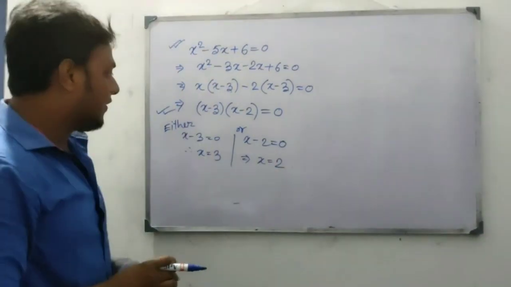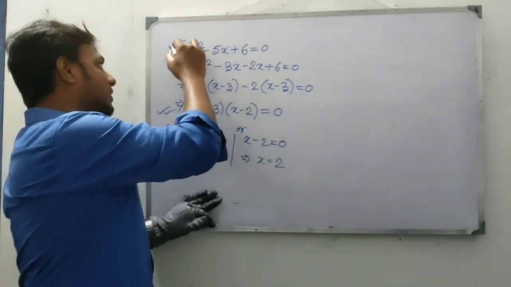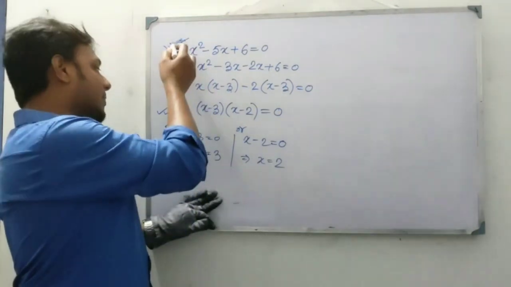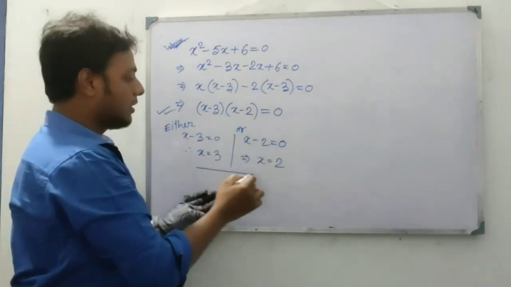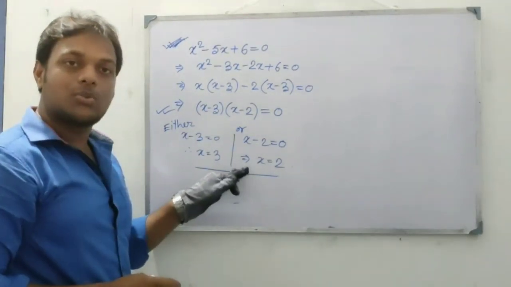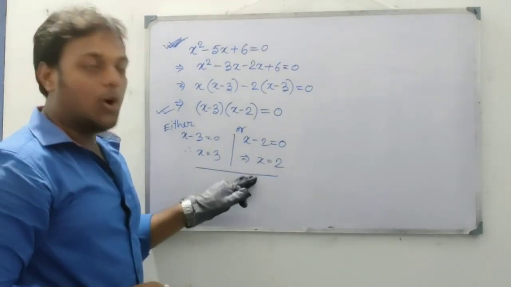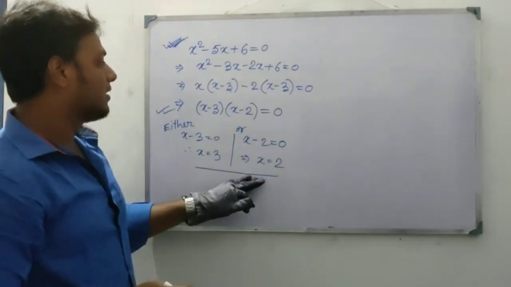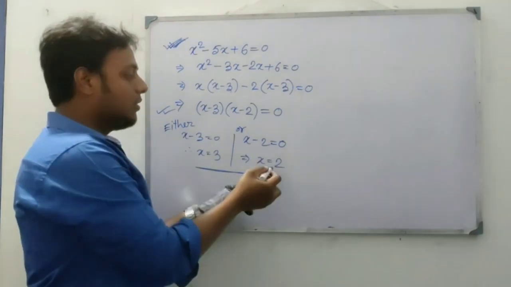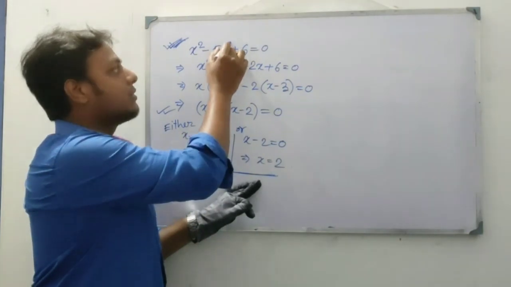Understood? Now the question is, actually the given was the quadratic equation, and you had to find out the roots. Now suppose the roots are given, is it possible to form the quadratic equation? That means roots will be given and you have to make the quadratic equation.